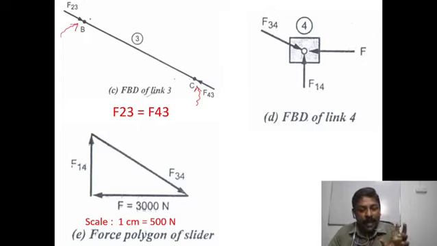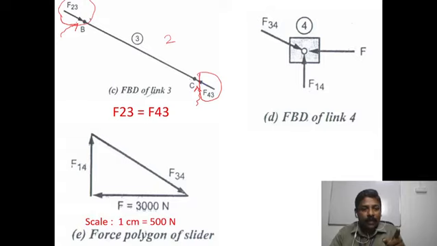Initially we don't know its direction. We have seen already that when a body is subjected to 2 forces, the equilibrium condition is that the 2 forces must be equal and opposite. So F23 must be equal and opposite to F43.